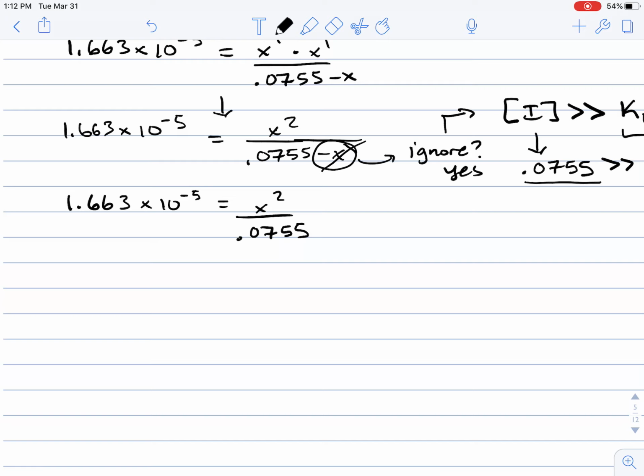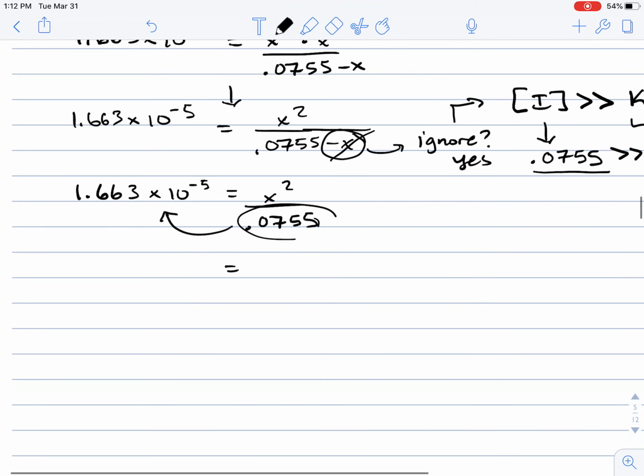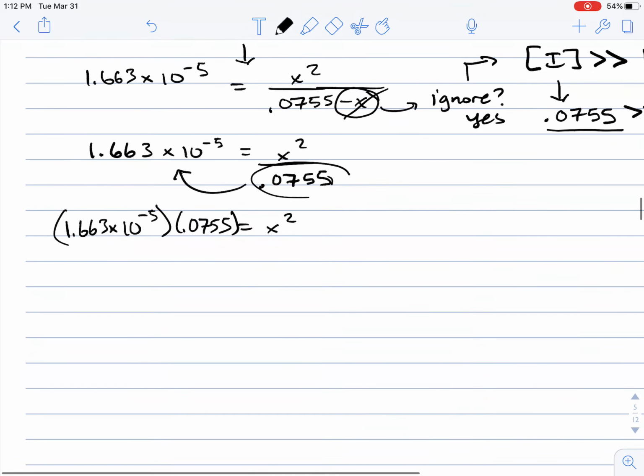And you can go ahead and solve for x. We're going to multiply this to the other side, so we have 1.663 times 10 to the negative 5 times 0.0755 equals x squared. Then we take the square root of both sides.